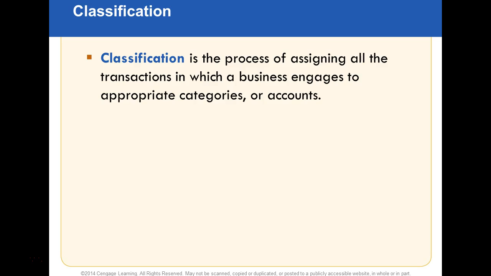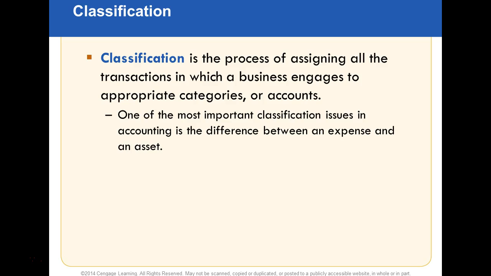Classification, assigning transactions to various categories or accounts. Basically, in this chapter, we're going to start talking about what's an expense and what's an asset. Now, I gave you a little hint on what an expense is. The expense is part of the income statement. And usually every expense account has the word expense in it. An asset is on the balance sheet.